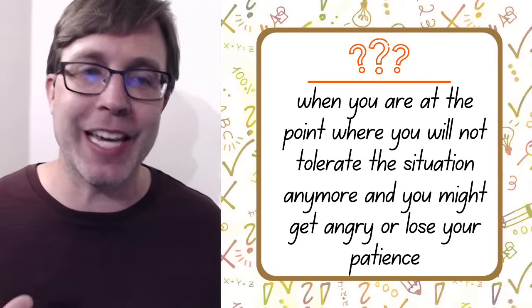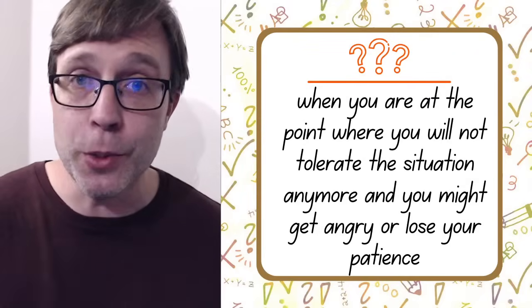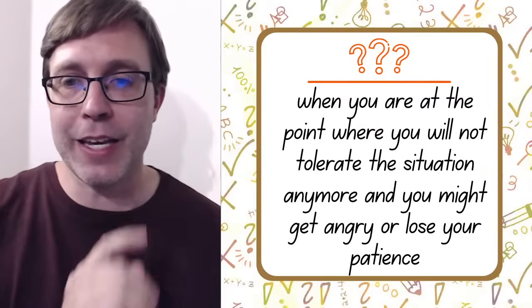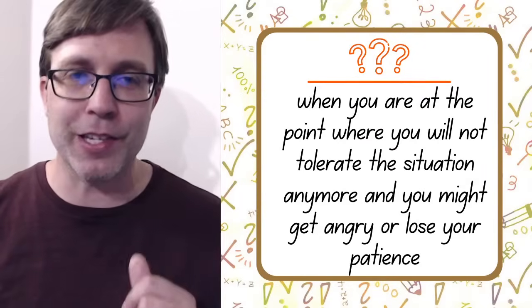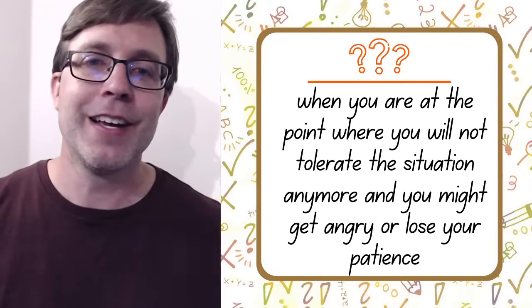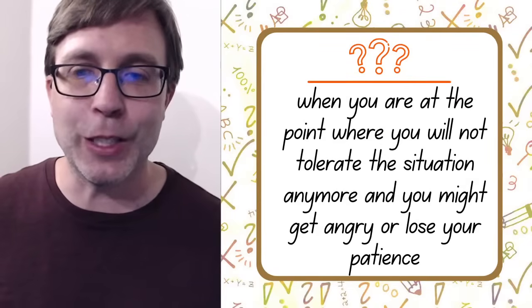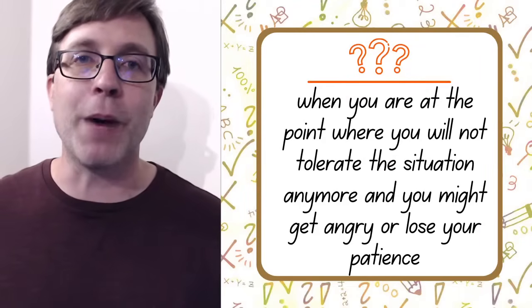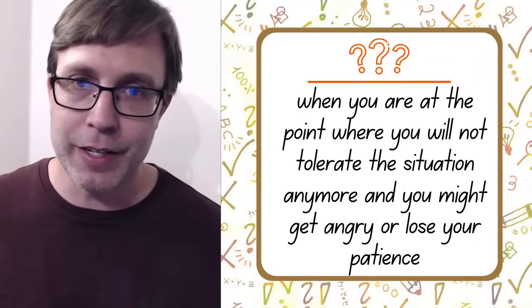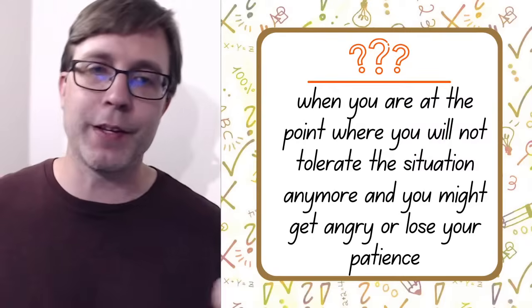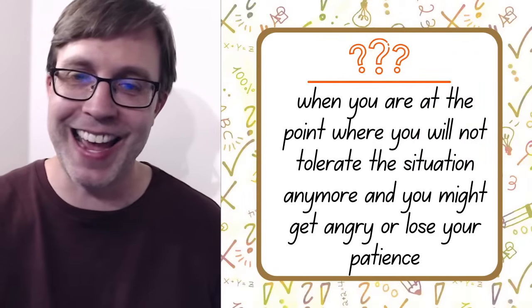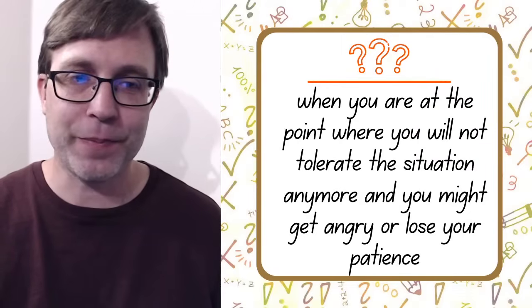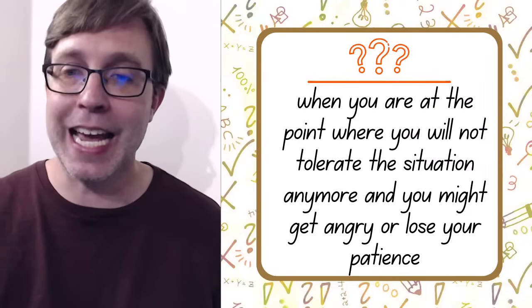You can't tolerate anymore, and you would use this binomial pair. To give you a little hint, this binomial pair is often followed by the preposition of. So you are of something. And excellent. The answer is sick and tired.